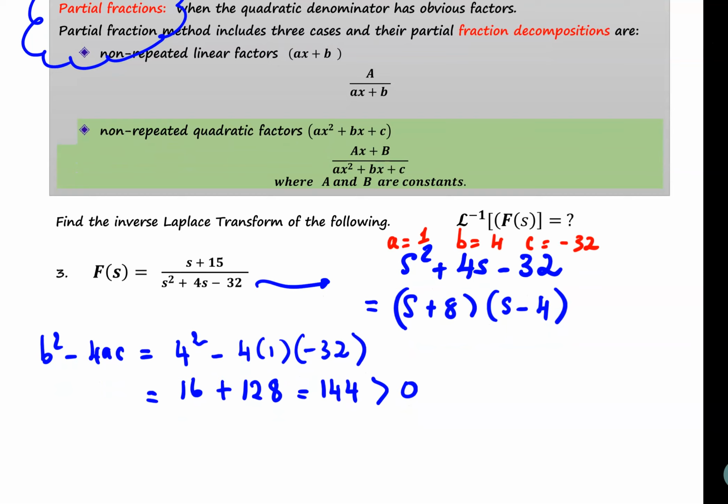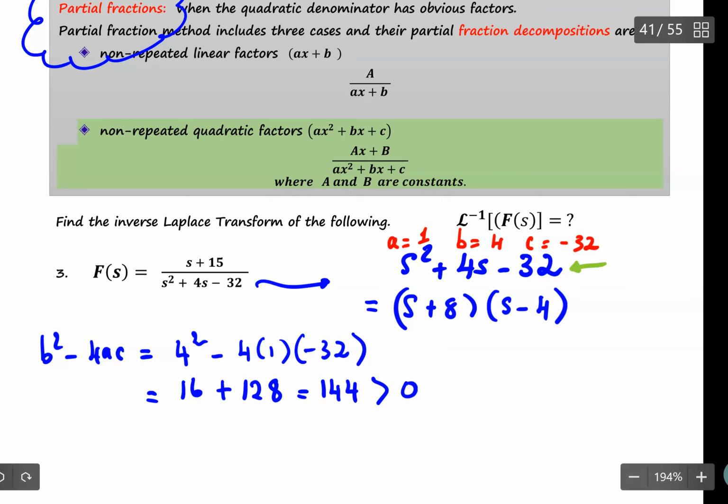So how do we know that s squared plus 4s subtract 32 equal to s plus 8 multiplied by s minus 4? So in this case, let's review how to factor this trinomial. Factoring this trinomial, you have to find two numbers, and the product of that two number will give you negative 32.